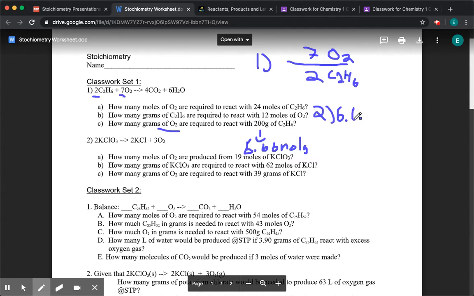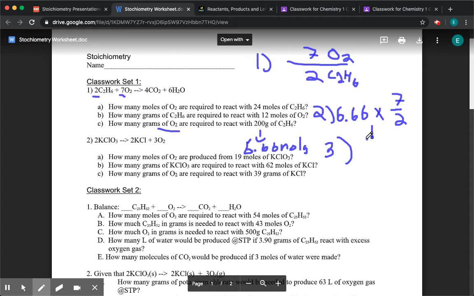So step 2 would be 6.66 times 7 over 2. And then step 3 is to finish multiplying everything out. So let me plug this in. I can't do that in my head. So 6.66 times 7 over 2, which is 3.5, is 23.31.